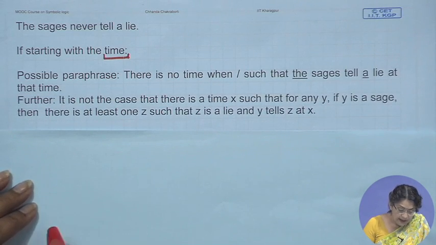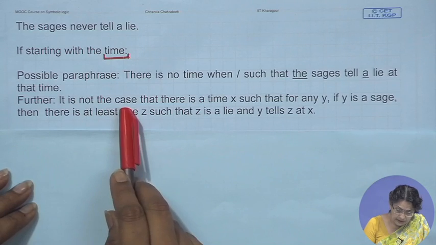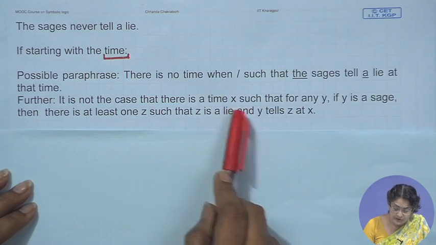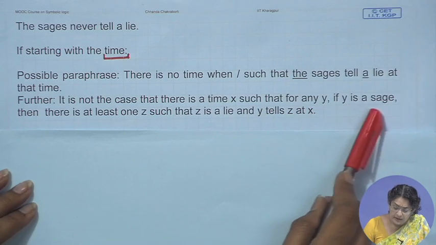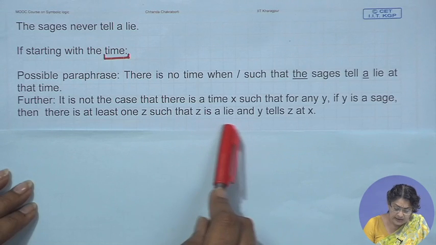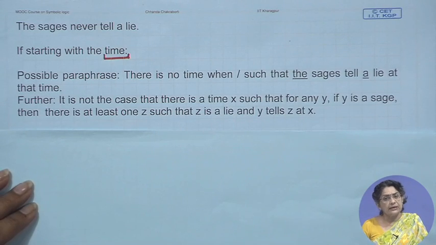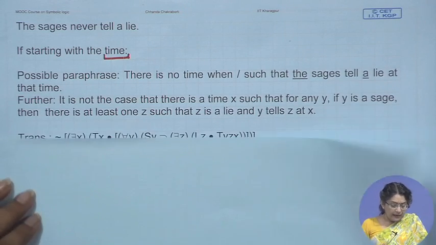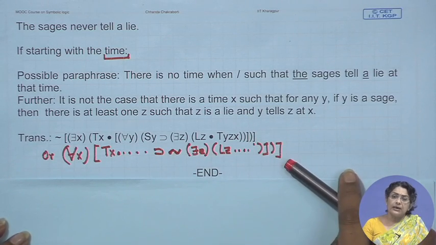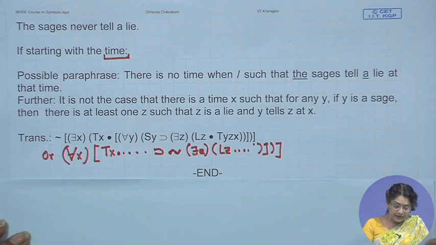So, the paraphrase will look like this: it is not the case that there is at least one time x such that for any y, if y is a sage, then there is at least one z such that z is a lie and y tells z at x. And the translation would look either like this or like this, because they are equivalent.